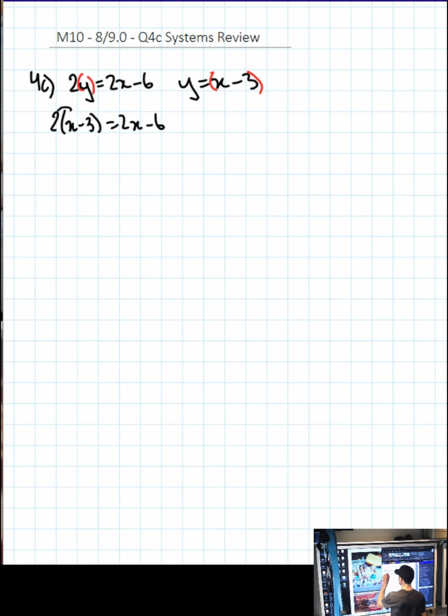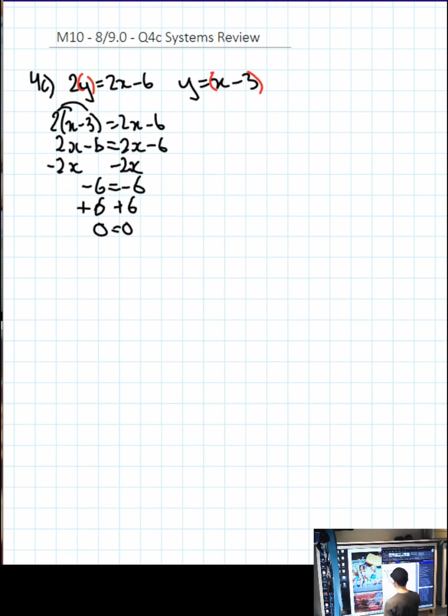Then we can distribute. So we get 2x minus 6 equals 2x minus 6. So we can minus 2x from both sides. And we can clearly see that negative 6 equals negative 6. Now, you could add 6 to both sides and get 0 equals 0.